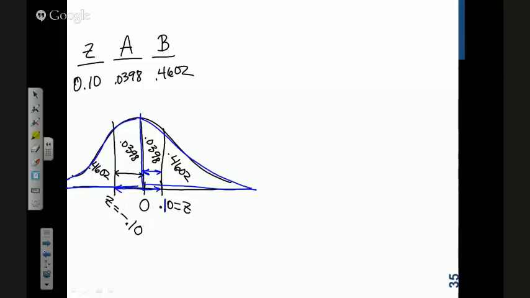So the A column is the area between 0 and z, whether z is positive or negative, it doesn't matter. And B is always the area beyond Z, whether it's positive or negative. So we can't speak in terms of left-right because that would change for positive and negative, but we can talk in terms of between and beyond when it's symmetric.